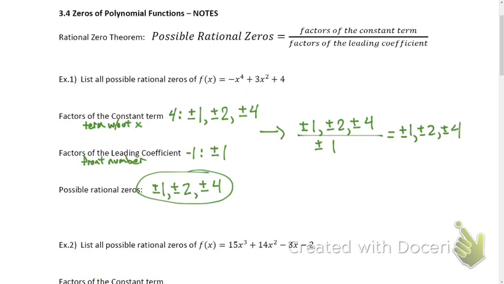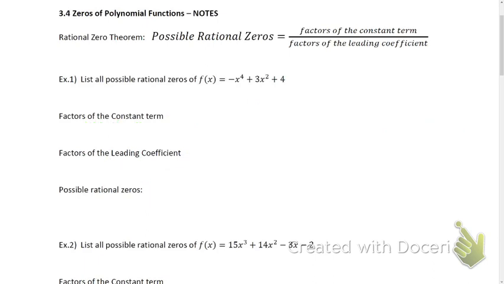So this is a summary of what we just did. I took the factors of the constant divided by the factors of the lead, and I just got what I started with. All right, let's try number 2, and we'll stop with that.